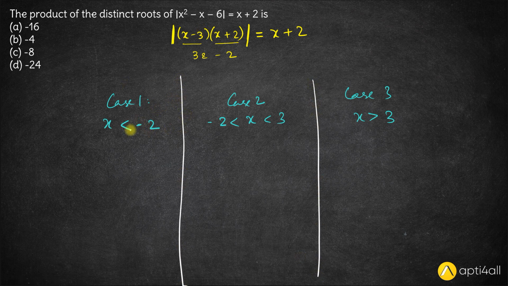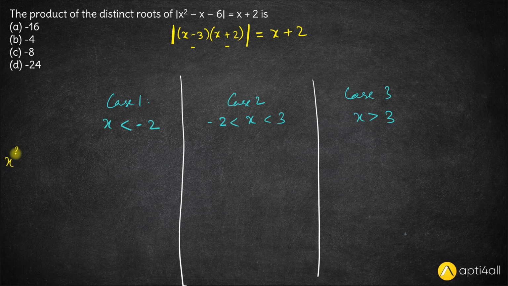So if x is less than minus 2, what happens is this part is negative and this is also negative. So negative into negative becomes positive. So this whole expression becomes positive. So mod of this whole expression will be simply the expression. Since the sign is positive, mod will be removed without doing anything. So we'll have this whole expression as it is.